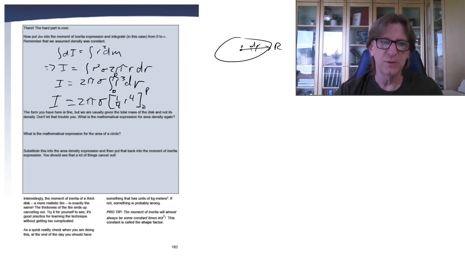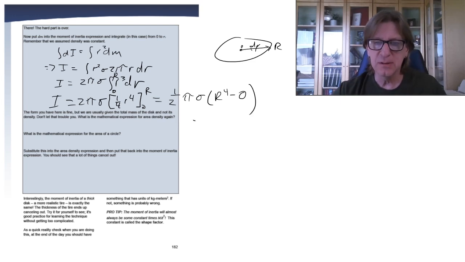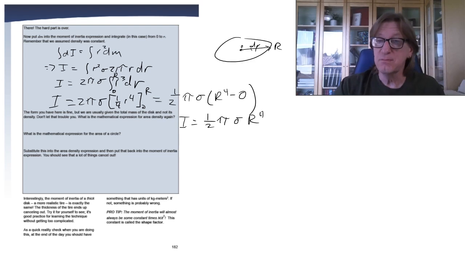Evaluated from 0 to R. Well, we can pull our constants out here, and so that's going to give me 1/2 pi sigma, and then R to the 4th minus 0. So let's get rid of our 0 here, and this is my expression for my final moment of inertia. And that works, and that's perfectly fine.